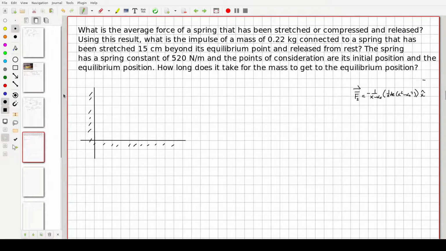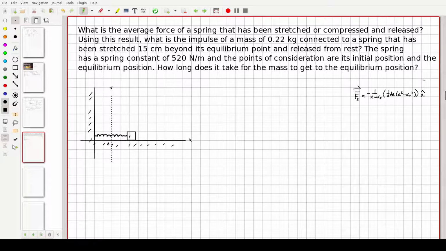Here is our spring attached to the wall, like that. Here's our mass on the end, like that. And then we'll say our equilibrium position is something like this maybe. So right there, that's going to be where our 0 is. This is where our y-axis is. And this is x. Okay.